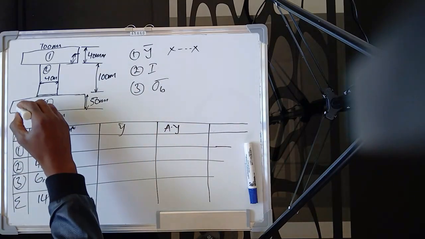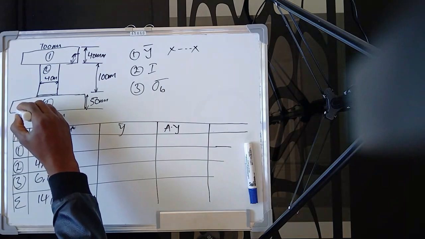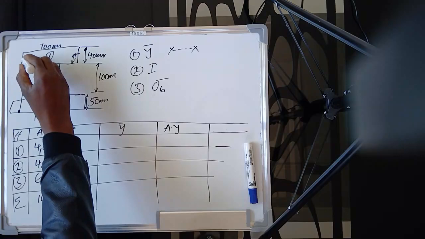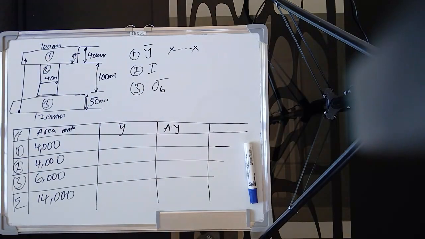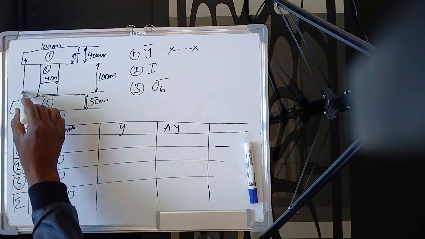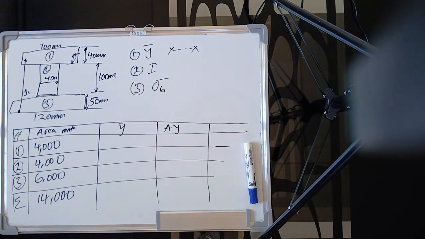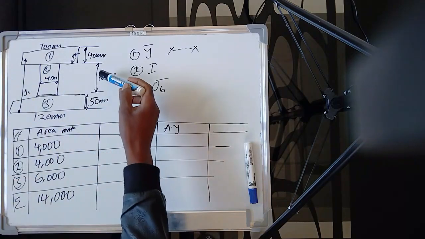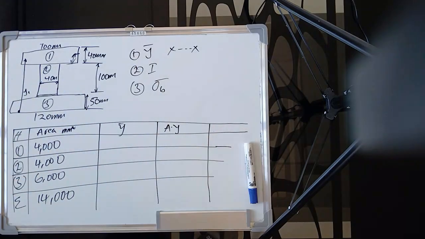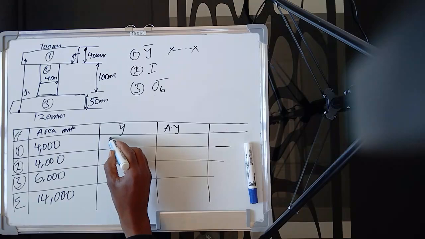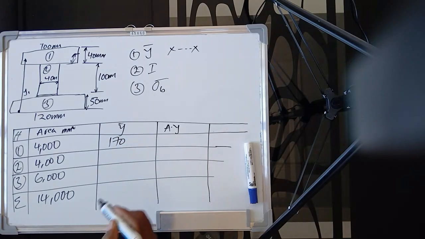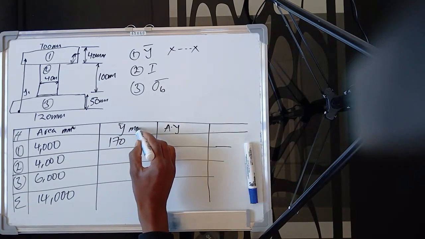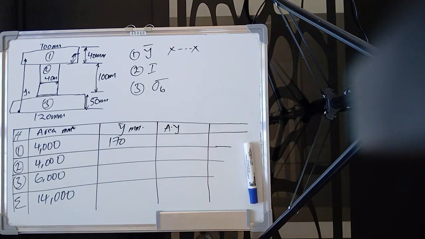So it is moving from the bottom here up to the middle point here. That is y1, from the bottom to the middle point. So it is 50 plus 100 plus half of 40, which is 170. Remember the units again, this is millimeter.